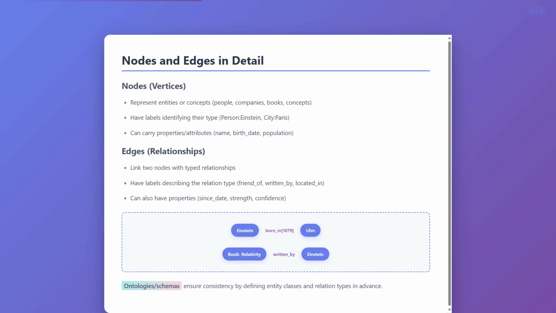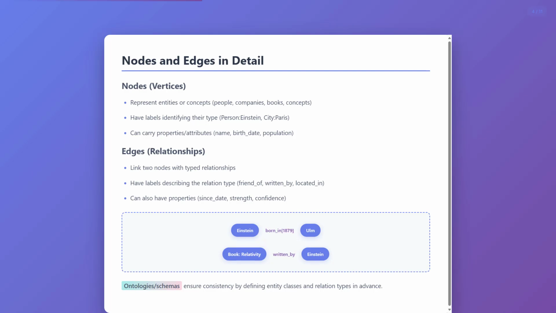Let's dig deeper into the building blocks. Nodes can represent anything: people, companies, books, even abstract concepts like artificial intelligence or democracy. Each node has a type label, like person, Einstein, or city, Paris, and can carry properties like birth dates, population, or founding year.